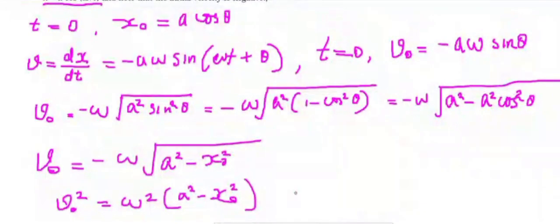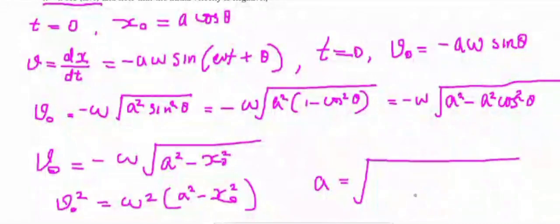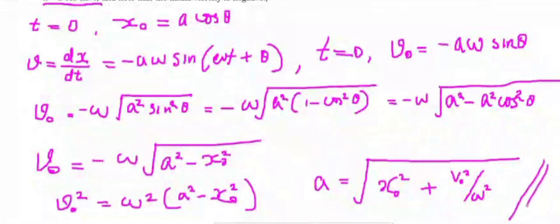And you are asked to calculate the value of a. So rearrange this equation. a is equal to under root x0 square plus v0 square divided by omega square. Okay, so that is the final answer.